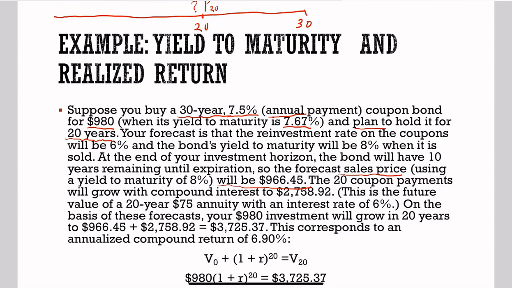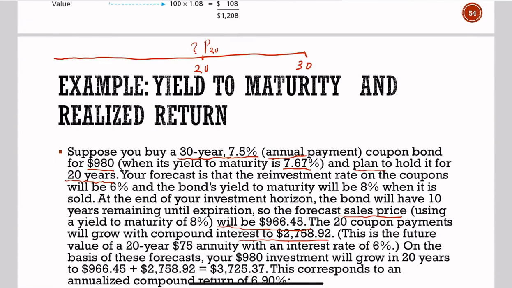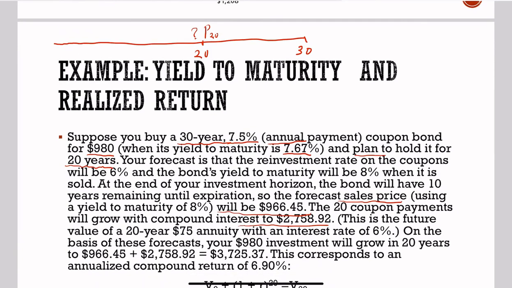So you can see that the problem has already given you answers. After 20 years, the P20, your selling price, is $966.45.